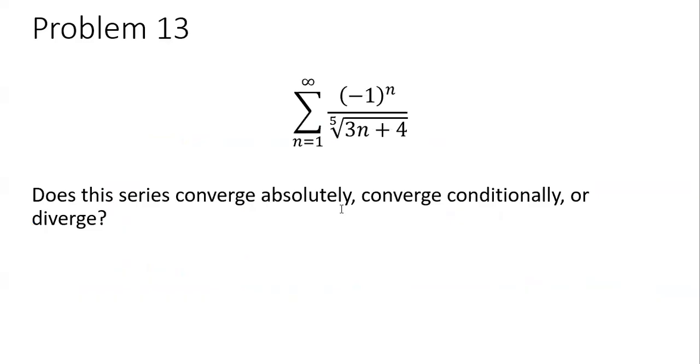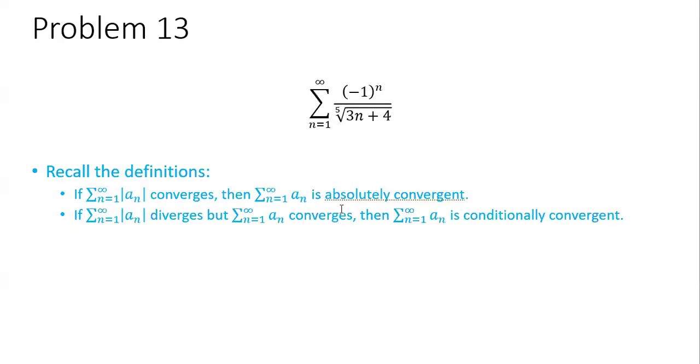So we got to recall what the definitions are first of absolute convergence, conditional convergence. Something's absolutely convergent if the absolute valued version of the series converges. It's conditionally convergent if the absolute valued version diverges, but the original guy converges.